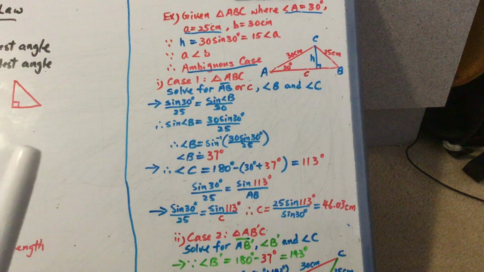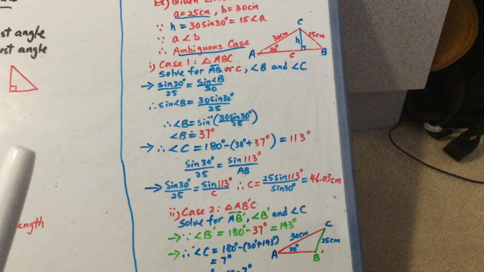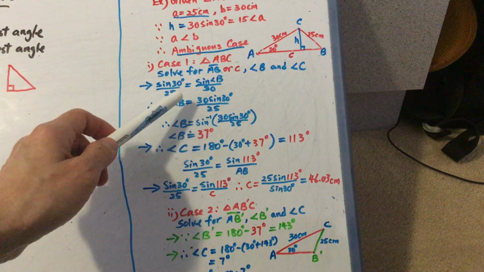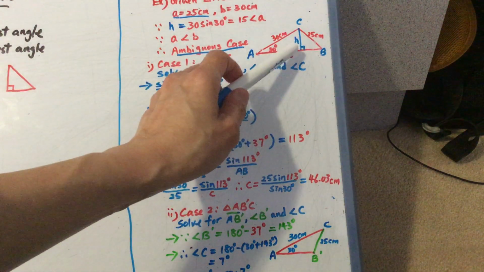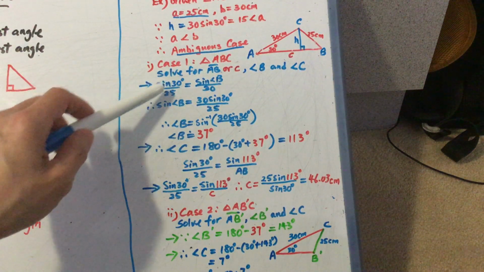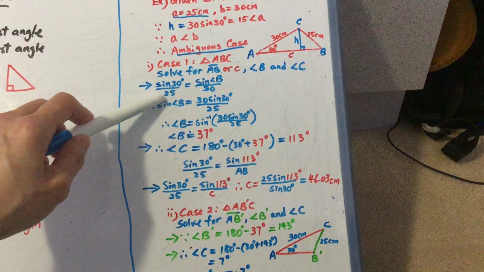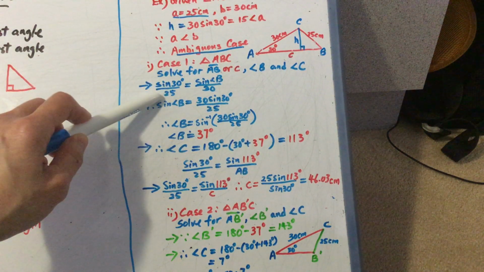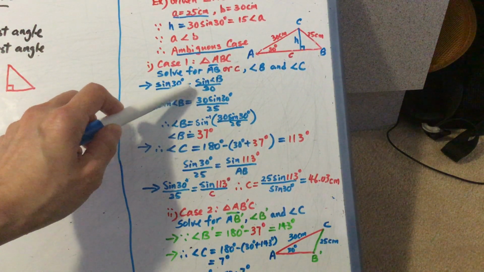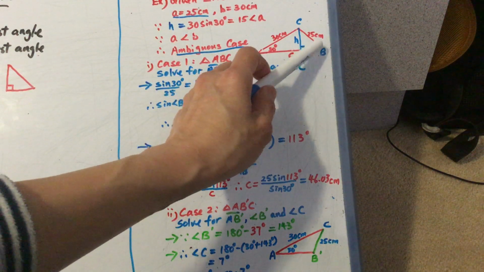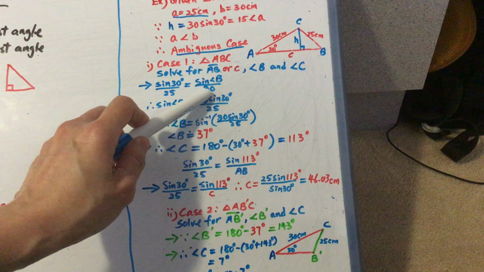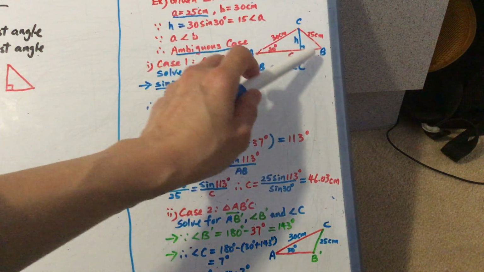Just to quickly remind you that in order for me to solve for the missing angle from this triangle, because I have a known pair, sine 30 over the length 25, this is my known pair. All I have to do is set it equal to, if I want to solve for the angle B first, the sine of angle B over the length 30, because this is the length that I'm given.